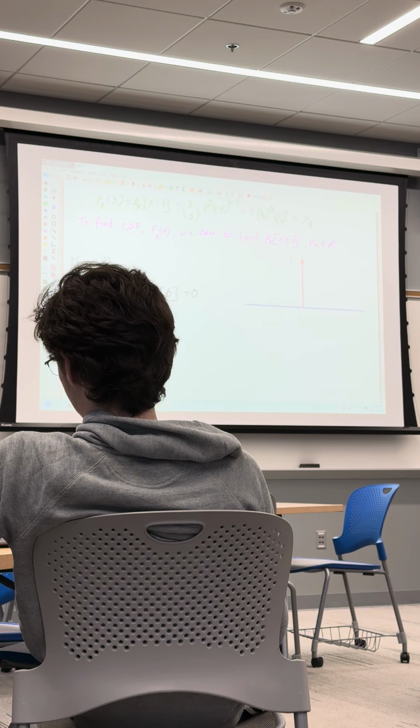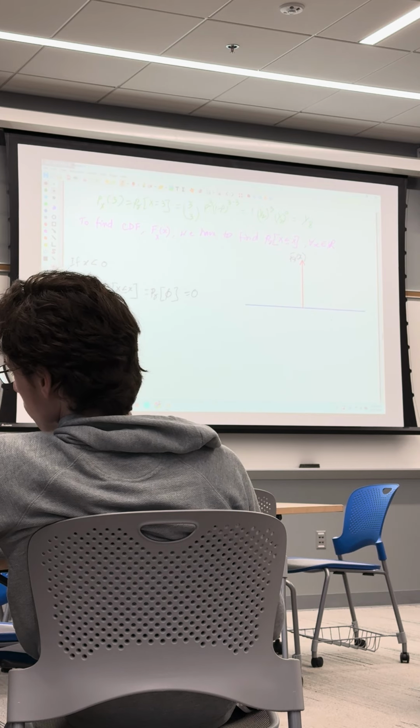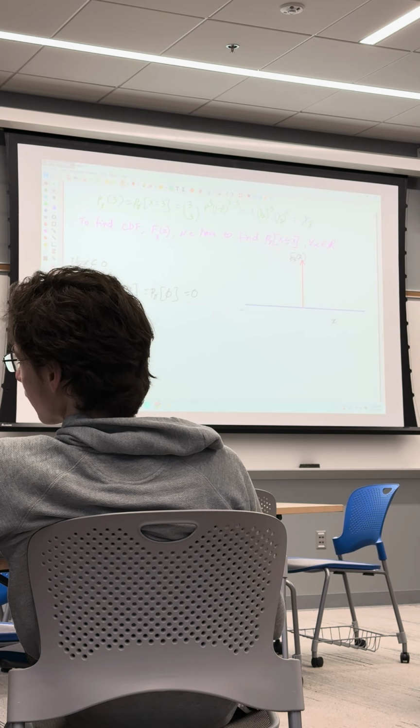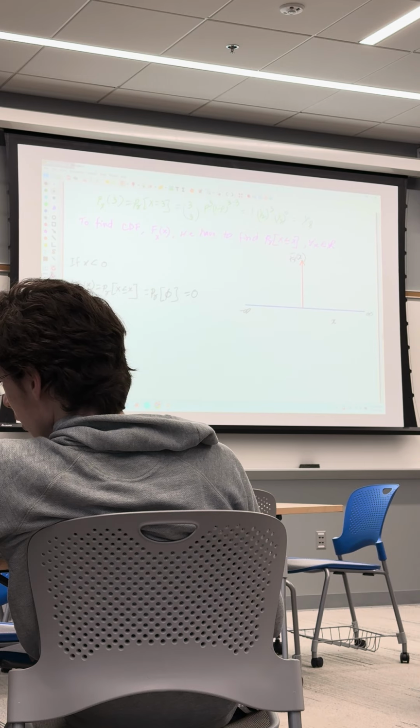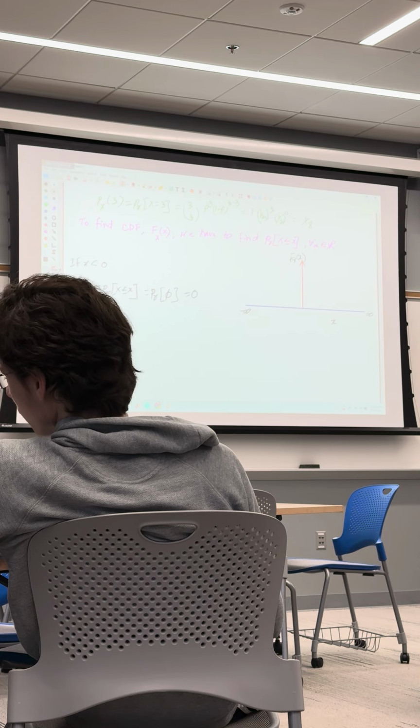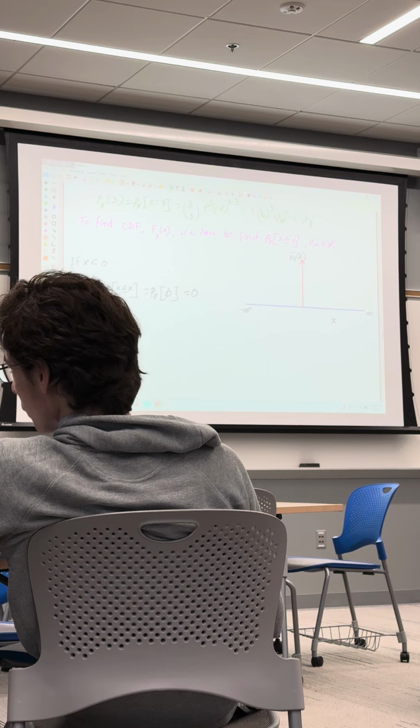So this is my F sub X, and x can take any value from negative infinity to positive infinity, and I am going to use orange color to represent this CDF.